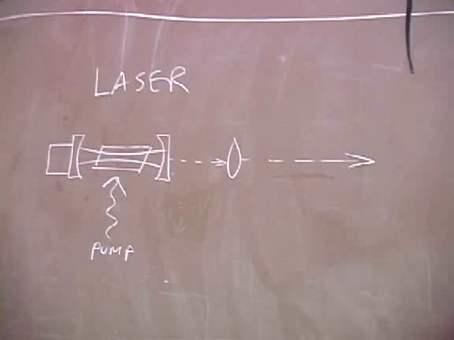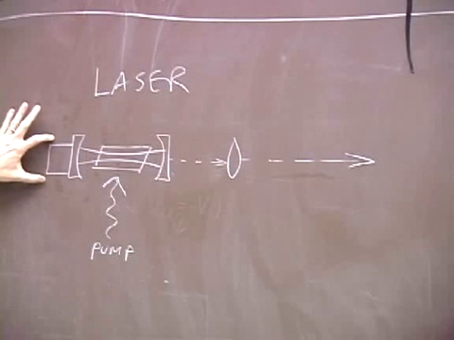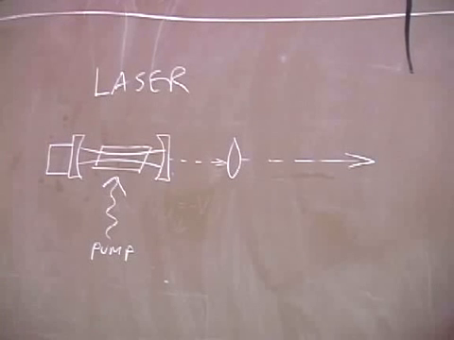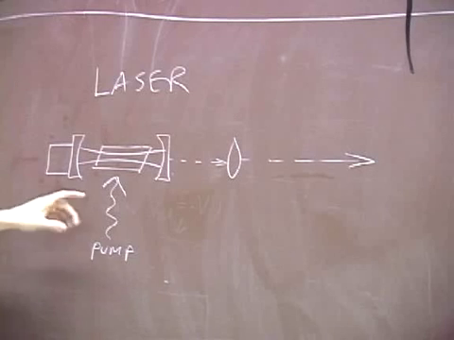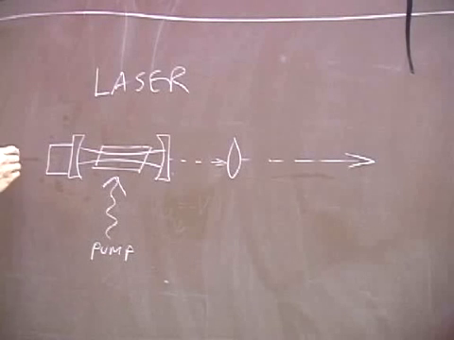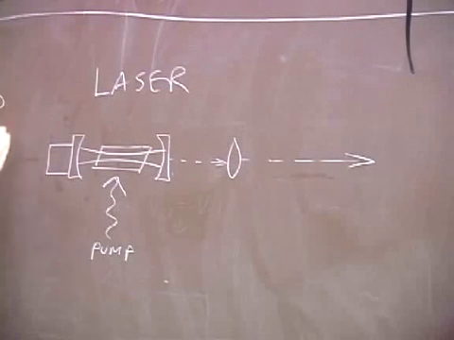So how do we act on the laser? Well, we act on the laser typically by putting a piezoelectric transducer on one of the mirrors in the Fabry-Perot cavity. Does everyone know what a piezoelectric transducer is, or do I need to define that? Okay. Does everybody know what piezoelectricity is? That we should be able to start with.